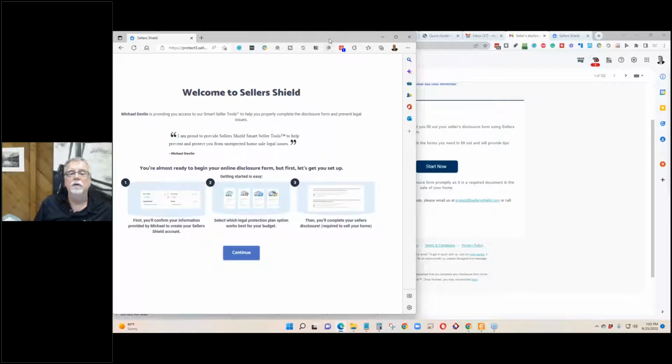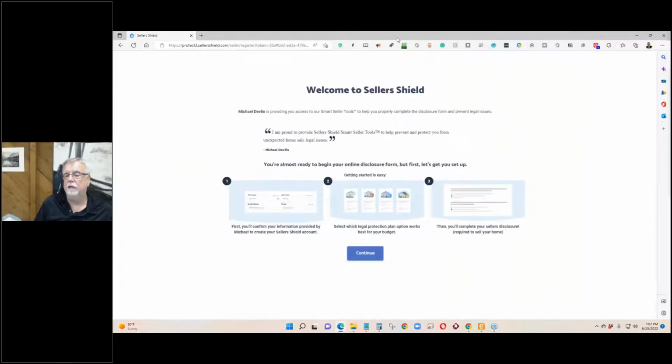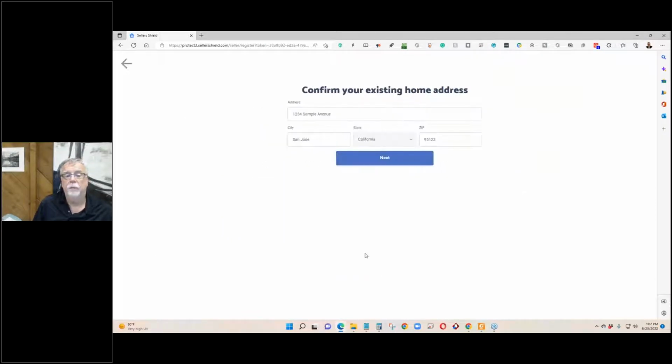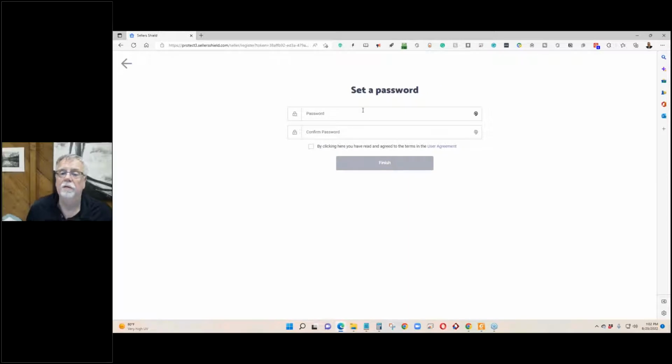Here we go. So this is what it looks like from the client's point of view. And we click on continue. There's the address. There's the name of the client. They get to set a password. And we do this.